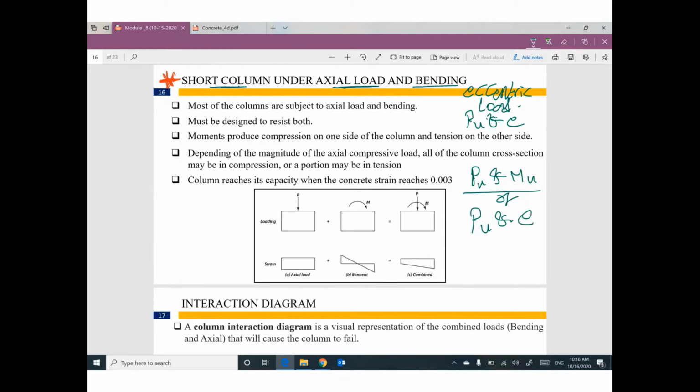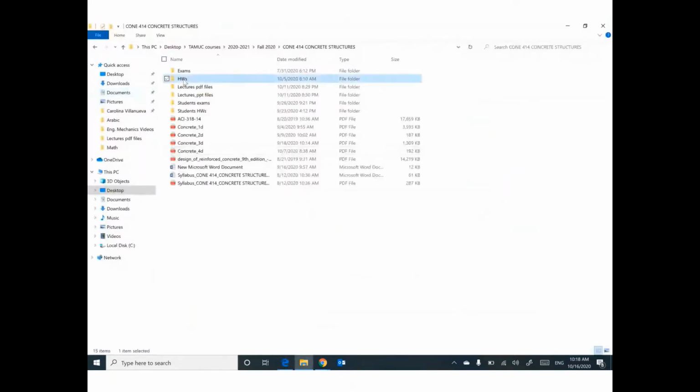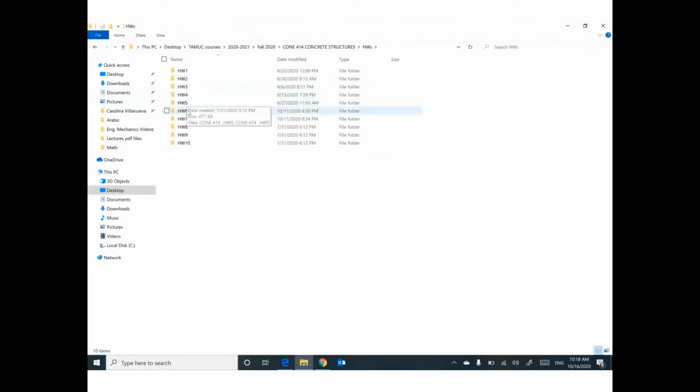If the second case exists, then M ultimate equals P ultimate times E. So guys, during the homework, be careful about this point. Which homework? Homework number 7, I think.